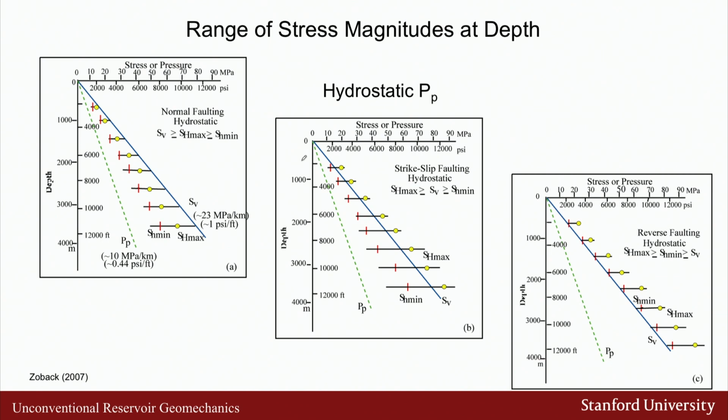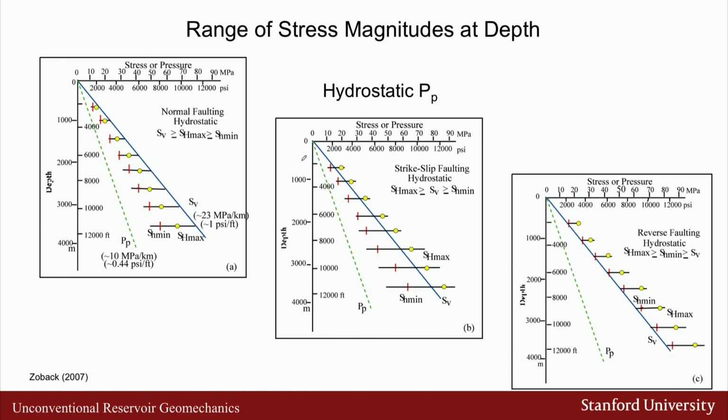When pore pressure is hydrostatic, it's going up by about 0.44 psi per foot, or 10 megapascals per kilometer. And in the case of normal faulting, the vertical stress is the maximum stress. The minimum stress is the lowest stress. The minimum stress is always got to be greater than the pore pressure, or the earth would sort of self-hydrofrack.